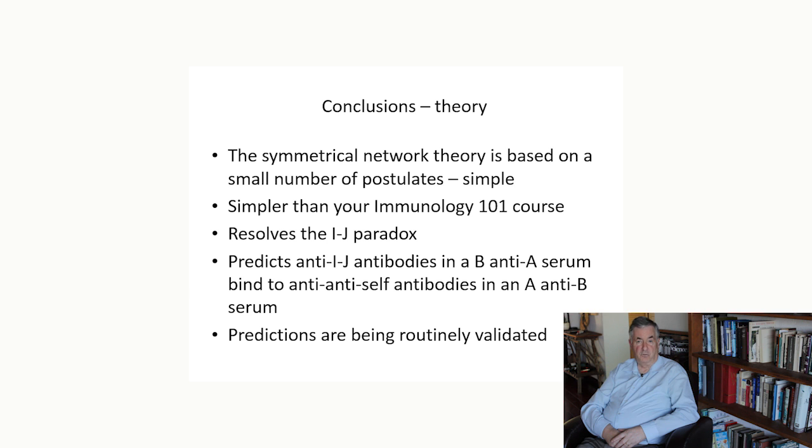The theory resolves the IJ paradox. It predicts anti-IJ antibodies in an A anti-B response that bind to the anti-IJ antibodies in the converse immune serum. And predictions of the theory are in fact being routinely validated at Network Immunology.